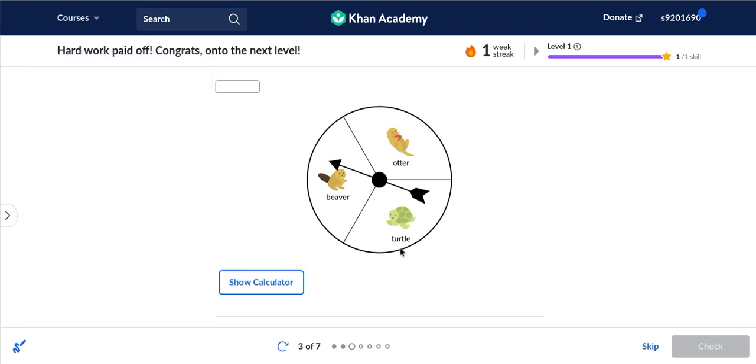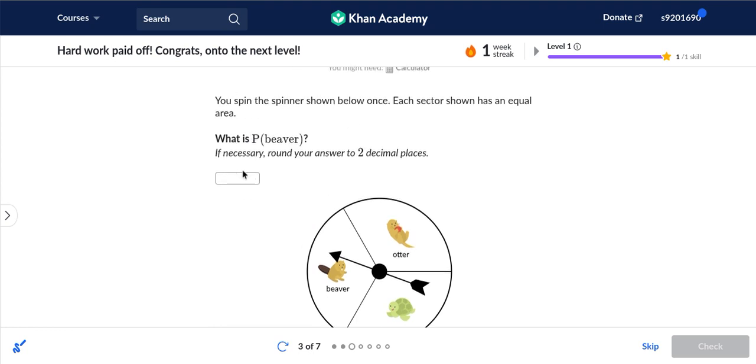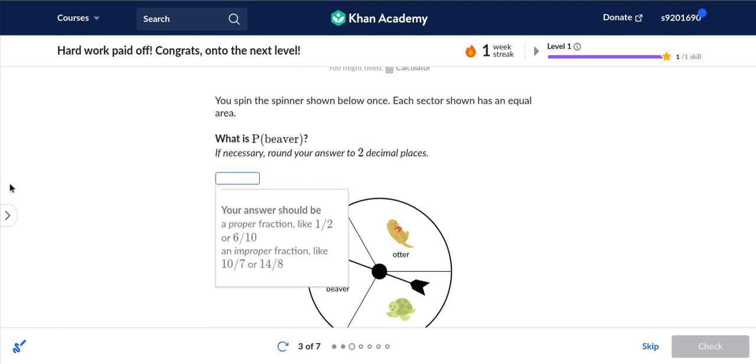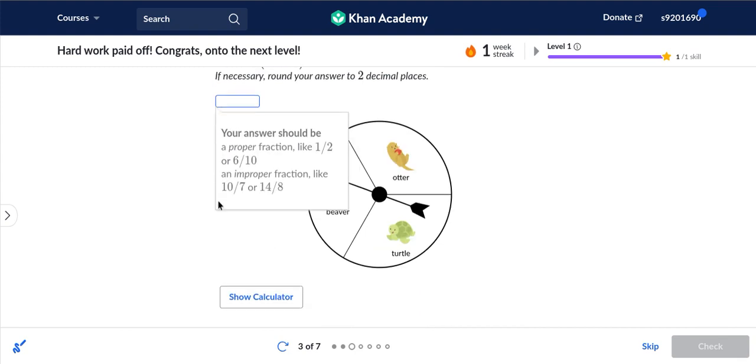But it seems like we got some turtle, some otter, and beaver. And the P, what is P? It says it's beaver. I'm not really so sure what this should be, but the example is really showing me. You should have a fractional answer.